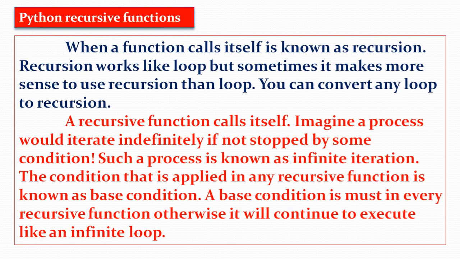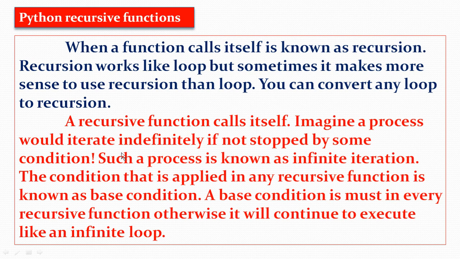Next we are going to see the Python recursive function. What is recursive? When a function calls itself, it is known as recursion. Recursion works like a loop, but sometimes it makes more sense to use recursion than a loop. You can convert any loop to recursion. A recursive function calls itself.